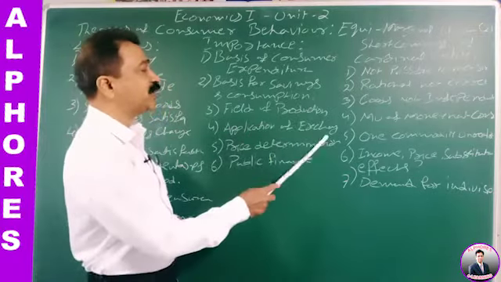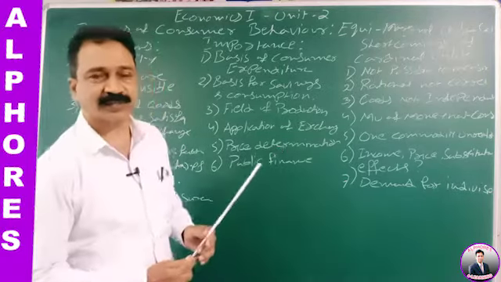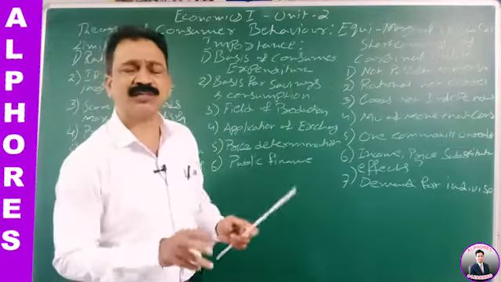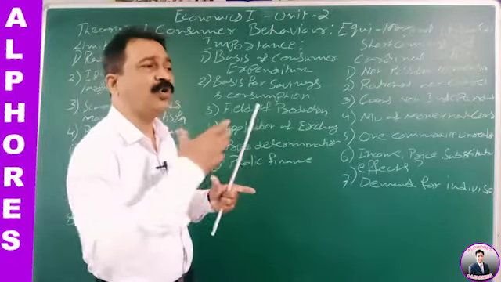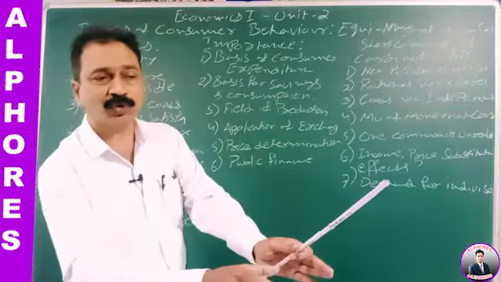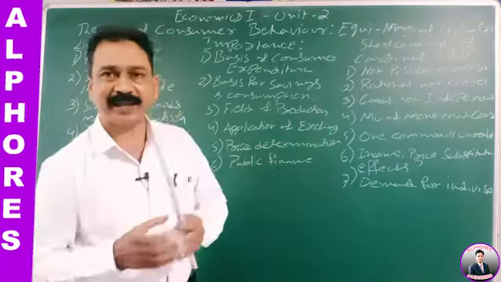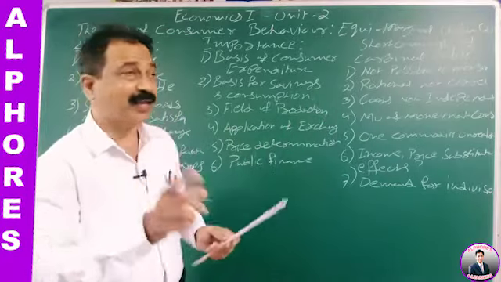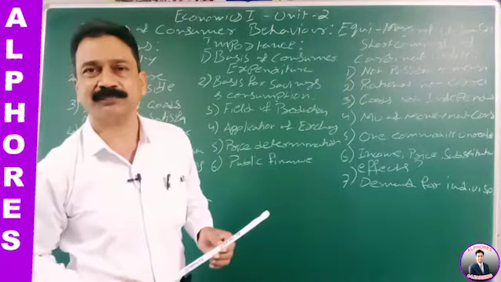Next, application of exchange. It is applied for the exchange of commodities. This is also called the marginal rate of substitution. At what rate you are ready to exchange, which you want to sacrifice, which you want to prefer. Some you will leave, some you will take. But at the end of the day, you are always trying to get maximum marginal utility.